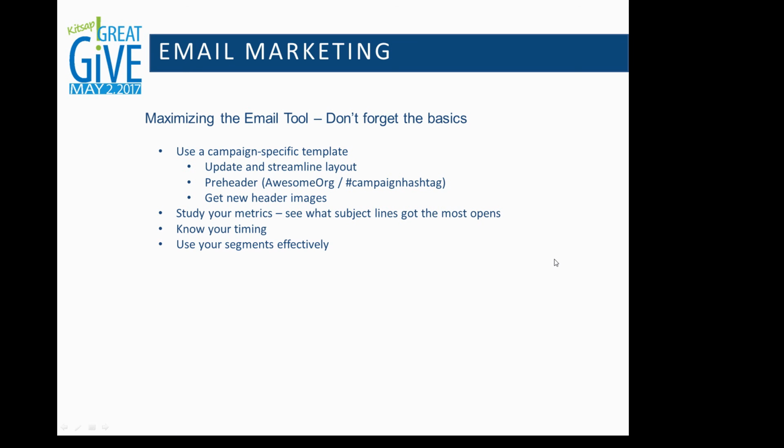Use your segments effectively. So remember that your major donors are maybe going to respond differently than the smaller donors that donate small amounts. Your donors that donate on a regular basis are going to be maybe reached by something a little bit different than donors that donate every other year, or maybe irregularly, or just at various times.